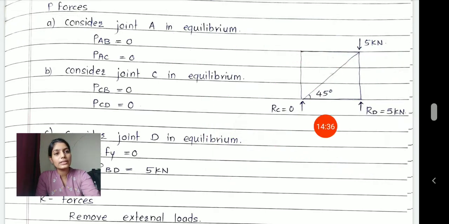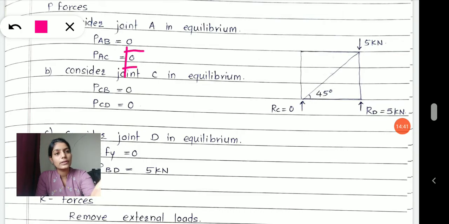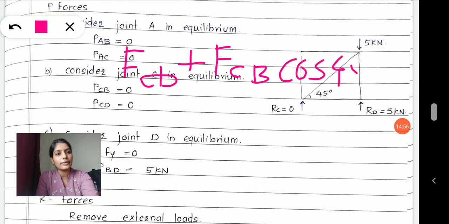Next, the first equation I will write again: force CD plus force CB into cos 45 equals to 0. This is A, B, C, D. So this is B. The second equation, this is summation of Fx equals to 0.